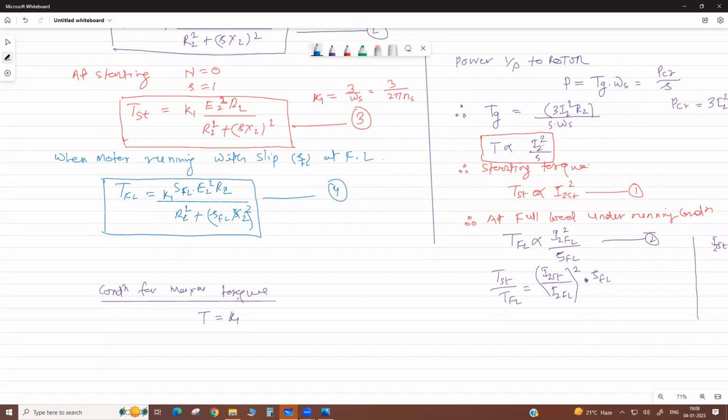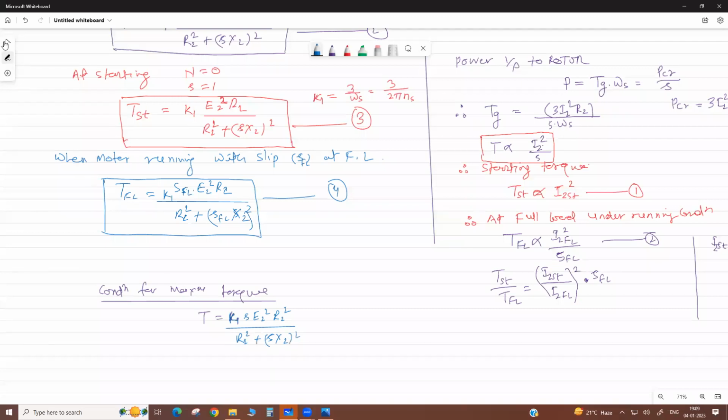Now this general torque equation is K1 slip E2 square R2 by R2 square plus slip times of X2 whole square.